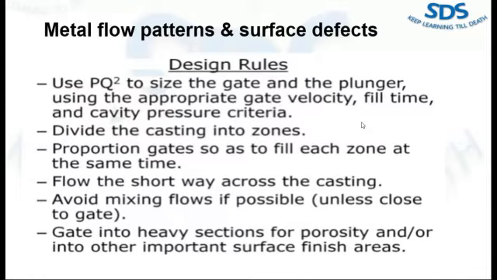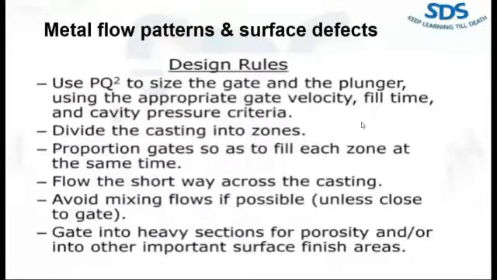The PQ square process has been developed to determine the appropriate process parameters for a part, and this process permits the machine, the die, and the casting process to be matched to each other. You can say all the parameters like casting pressure, machine tonnage, plunger diameter, and gate area, all four or five parameters, we can compile together with the help of PQ square.